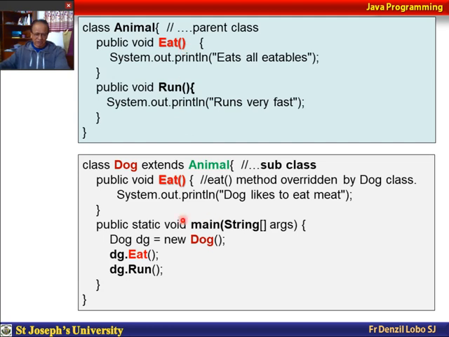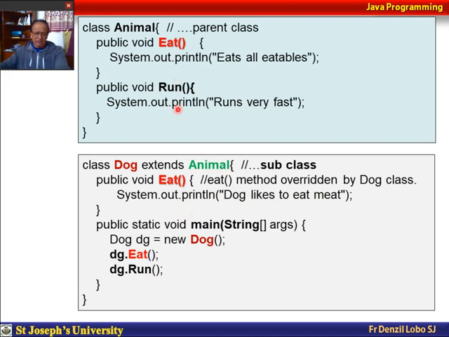In the main program, I have created an object called dg, a Dog, and then I'm calling dog eat, dog run. So dog eat means, is it going to print "eats all eatables", or is it going to print "dog likes to eat meat"? And as you will see, this method is overriding the earlier method, and it is going to print "dog likes to eat meat", and then the dog run.